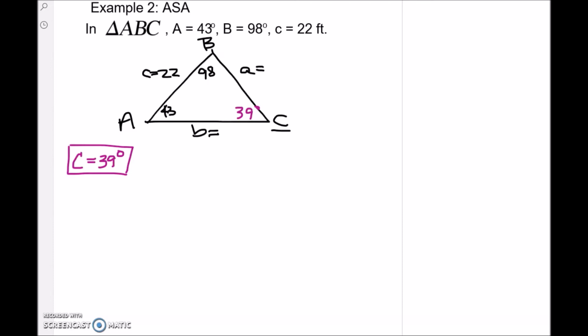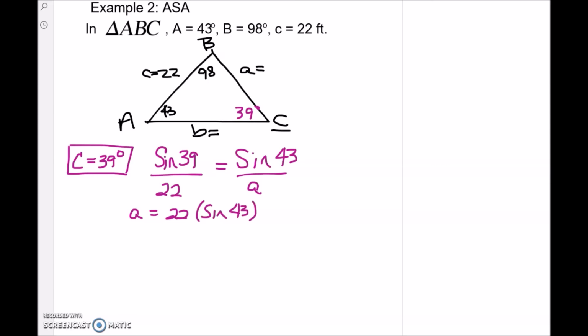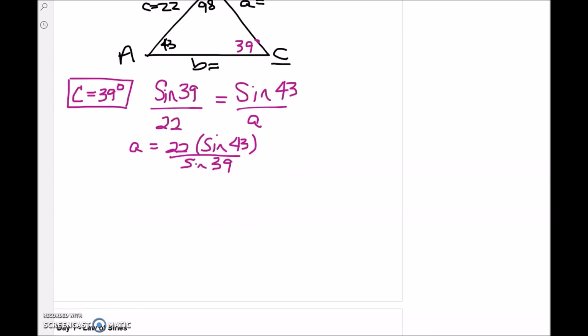So now I can solve for side A or side B. So let's go ahead and we'll just use sine of 39 degrees, and I'll use side C is equal to, solve for A first, so 43 all over side A, and when I cross multiply, I'm going to get 22 times sine of 43 all over sine of 39. So I get side A is equal to 23.842.